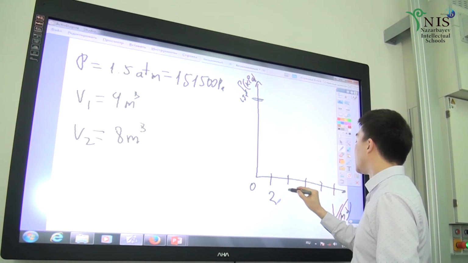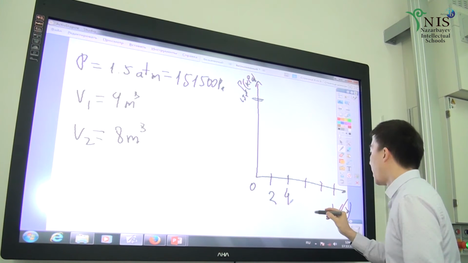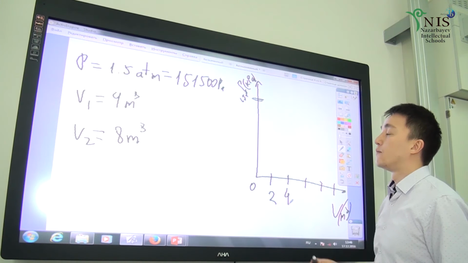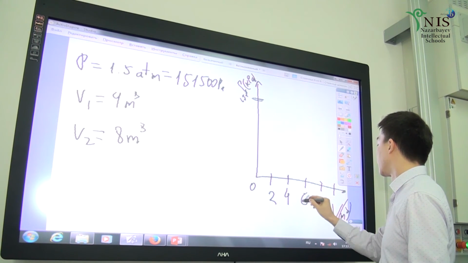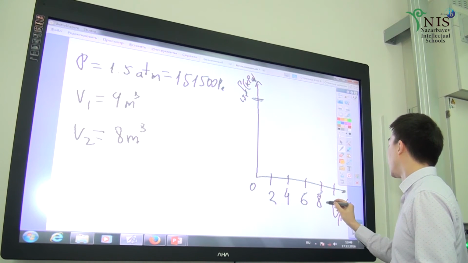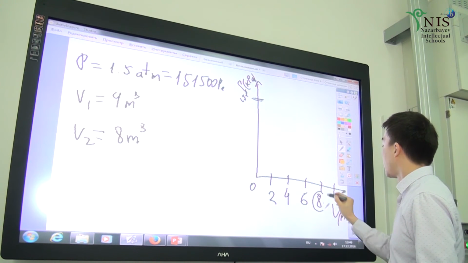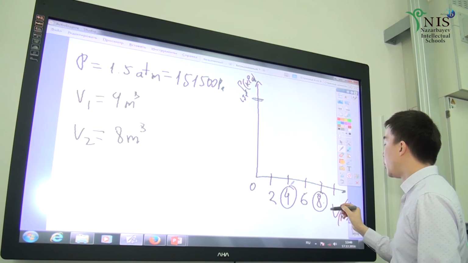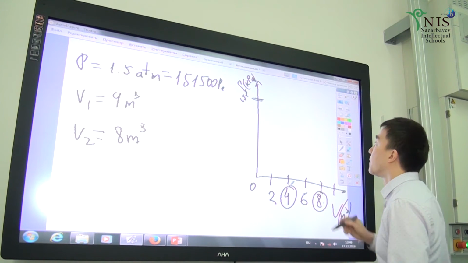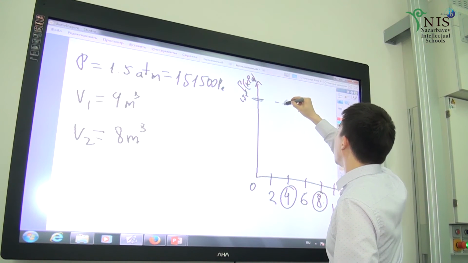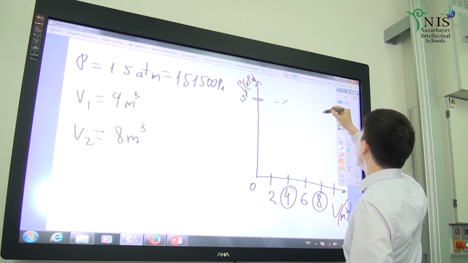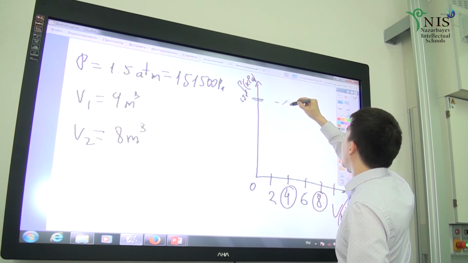Volume 1 is equal to 4 meter cube, and as our volume increased twice, volume 2 will be equal to 8 meter cube. So as our pressure is constant, I will choose 2 dots and make a line.